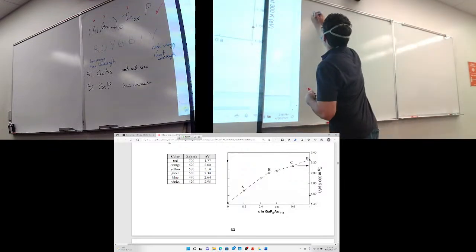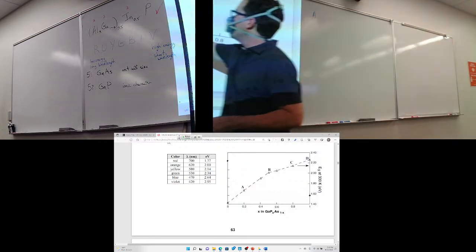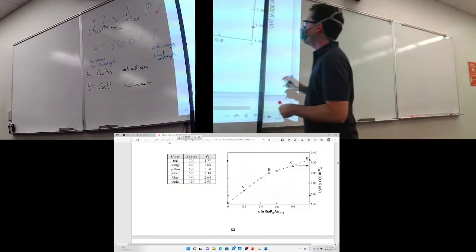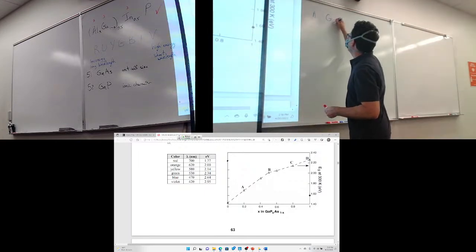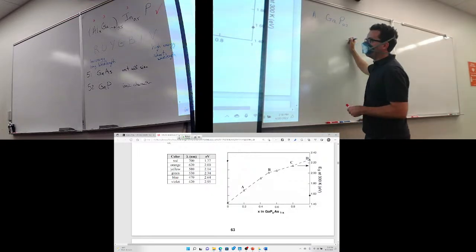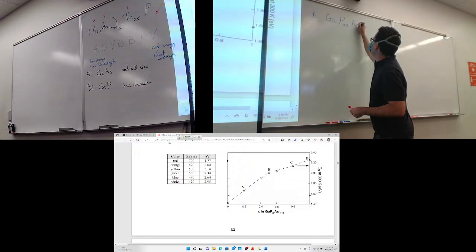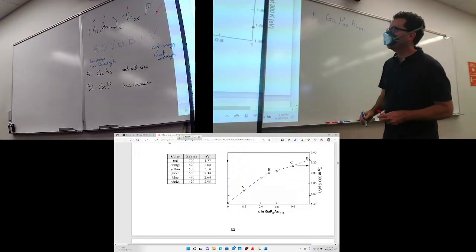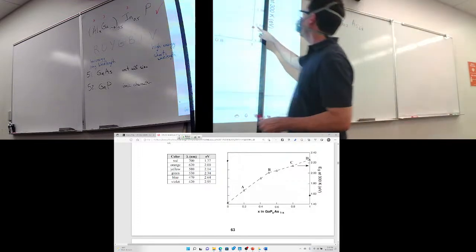So solution A, that's this one, is 0.2 for x. So the formula is going to be gallium, phosphorus 0.2. That's what x is. Plug it right in. And then arsenic is going to be 1 minus 0.2, which is 0.8. That's the formula. What is the color going to be?